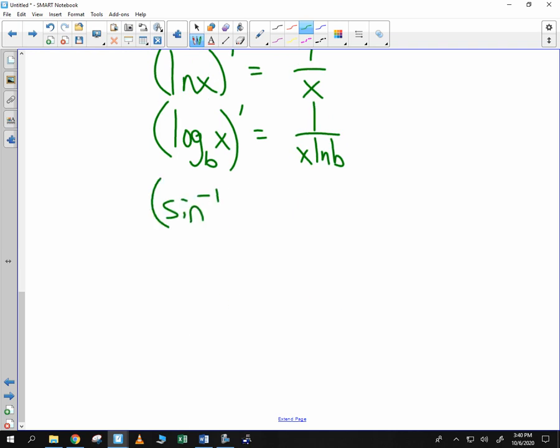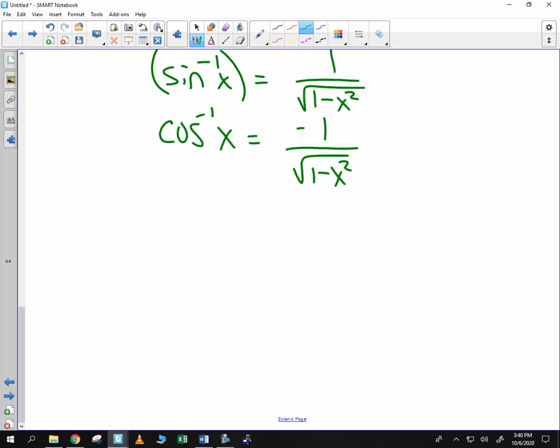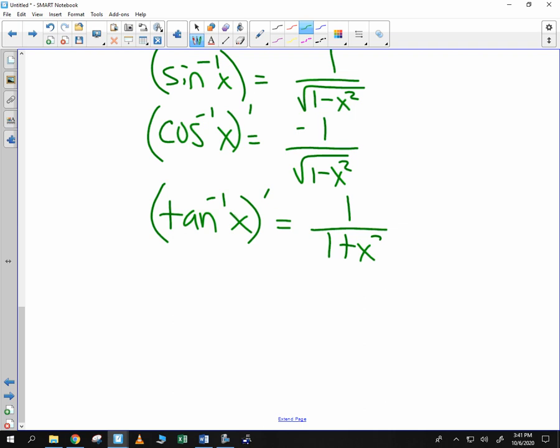The derivative of arc sine of x is 1 over the root of 1 minus x squared. The derivative of arc cosine of x is negative 1 over the root of 1 minus x squared. The derivative of arc tangent of x is 1 over 1 plus x squared.